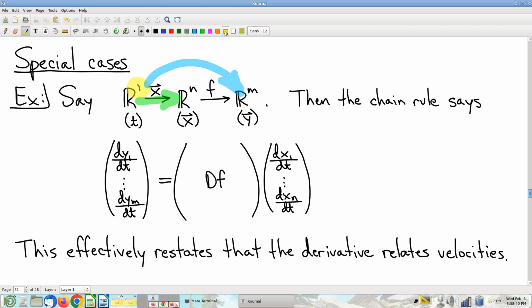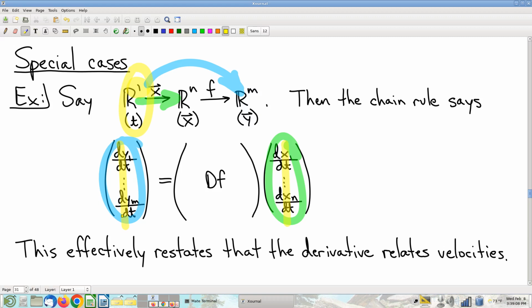Furthermore, notice, because there's only one input variable, the derivative matrix for the first function and the derivative matrix for the composition have one input variable, which means one column, because columns correspond to input variables. So we've got a parametric curve in the x space and a parametric curve in the y space.